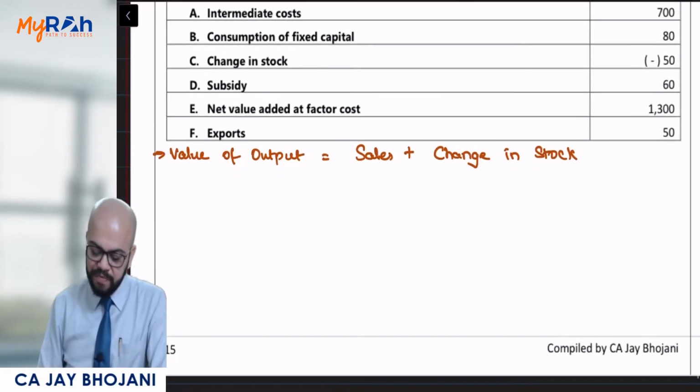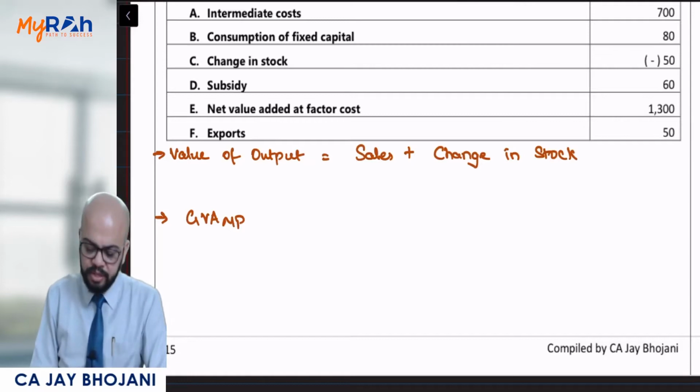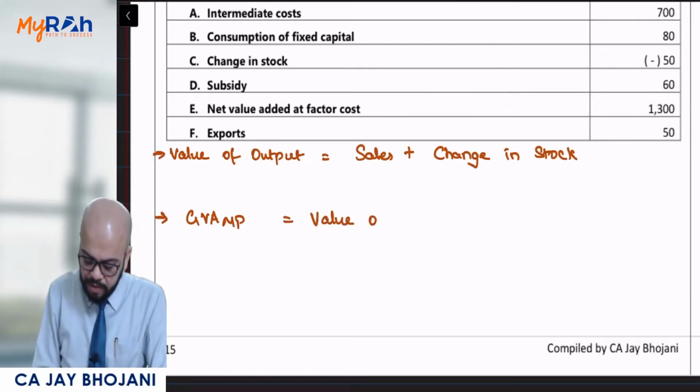Okay, so I'm leaving some space for this one and I'm going to find out value added. Value added, I am putting the formula of GVA market price. GVA market price, as we know, is value of output minus intermediate consumption.